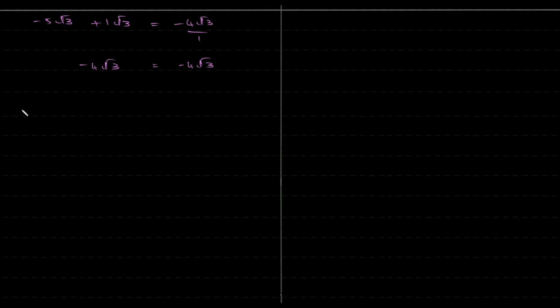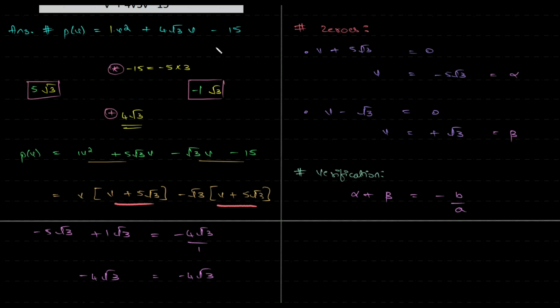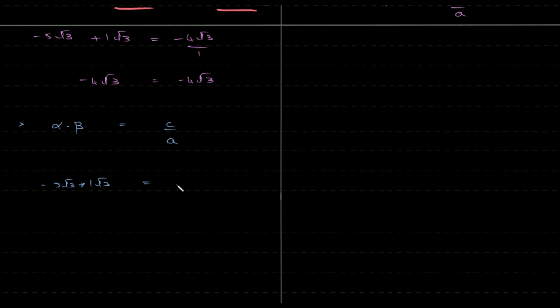Okay, and on to the second part. Alpha into beta is c by a. So alpha is minus 5 root 3, beta is 1 root 3, is equal to c, which is minus 15, by 1. Minus 15 by 1.